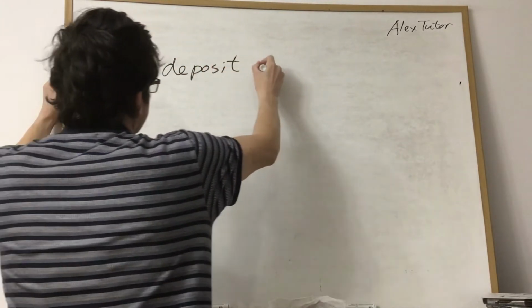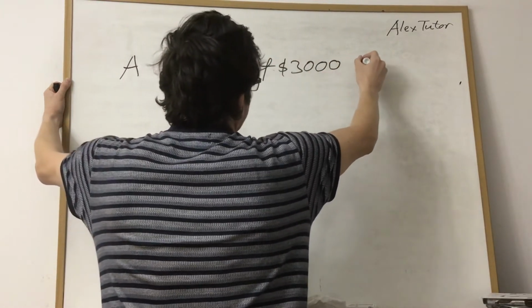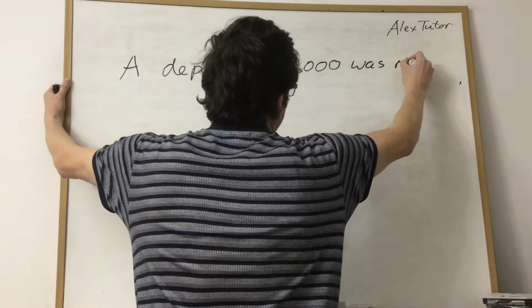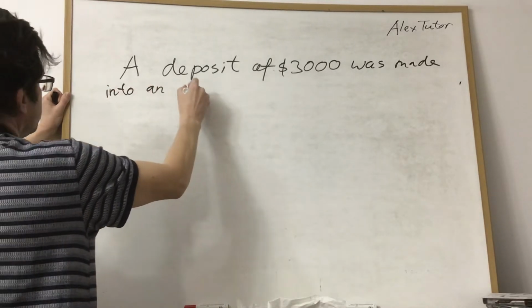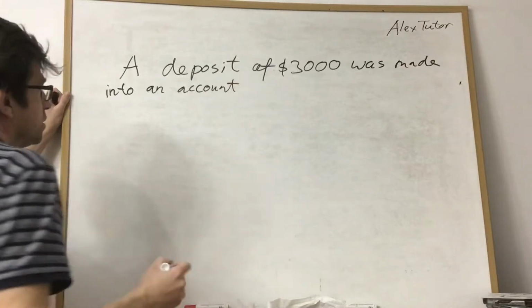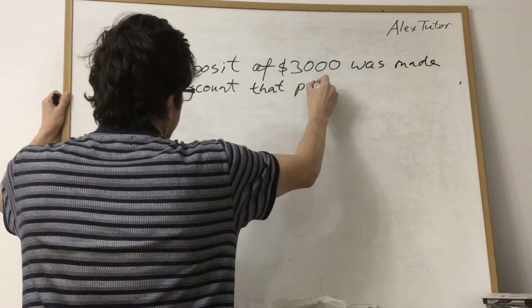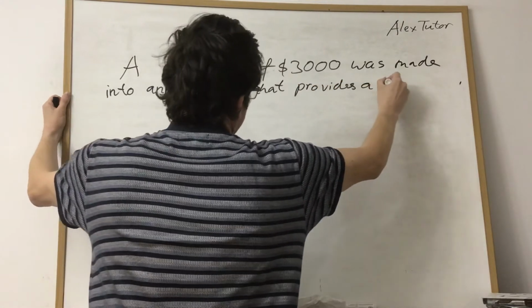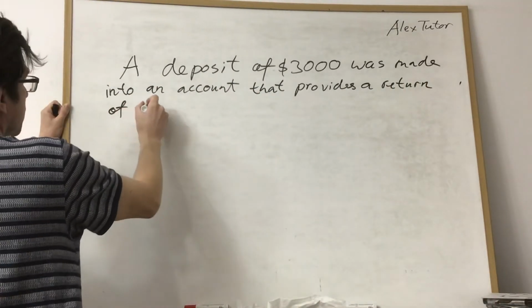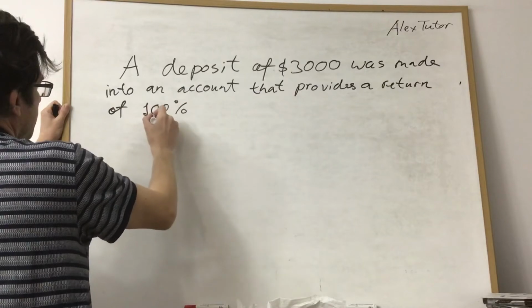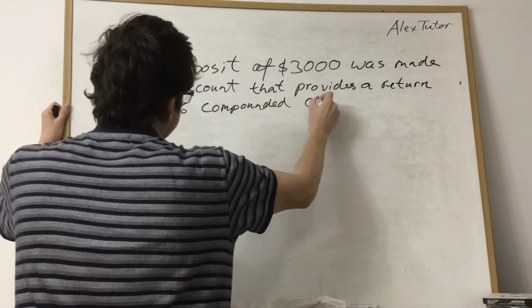A deposit of $3,000 was made into an imaginary account that provides a return of 100% compounded constantly.